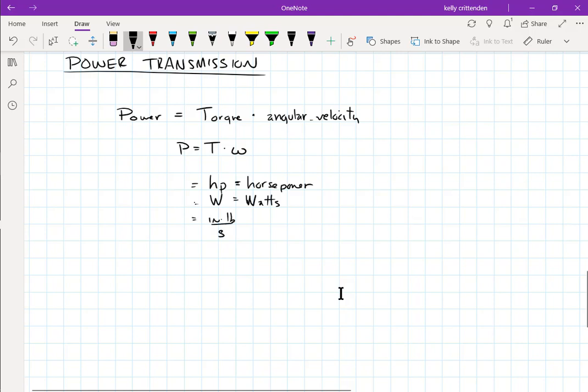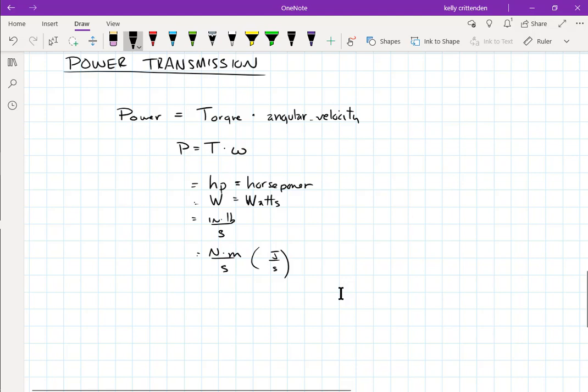You know, we could have something like that, Newton meter per second, or a joule per second. All of those could be the units. A lot of times you're going to obviously calculate numbers and they'll come out in something like inch-pounds per second. But a lot of times you need to convert them over into either horsepower or watts, depending on if you're using the US system, you convert to horsepower, or if you're using the SI system and you convert to watts or kilowatts or something like that. But the equations are going to want things like inch-pounds per second and Newton meters per second.